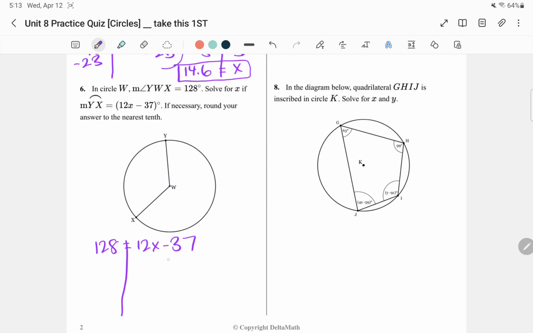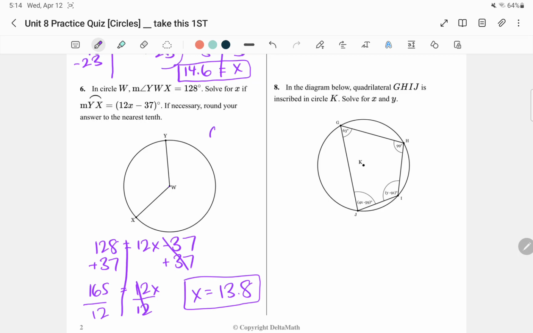I'm just going to solve for x by adding 37 to both sides. And I get 12x. 128 plus 37 gives me 165. And I just divide by 12. I get 13.75, rounded to the nearest tenth would be 13.8.